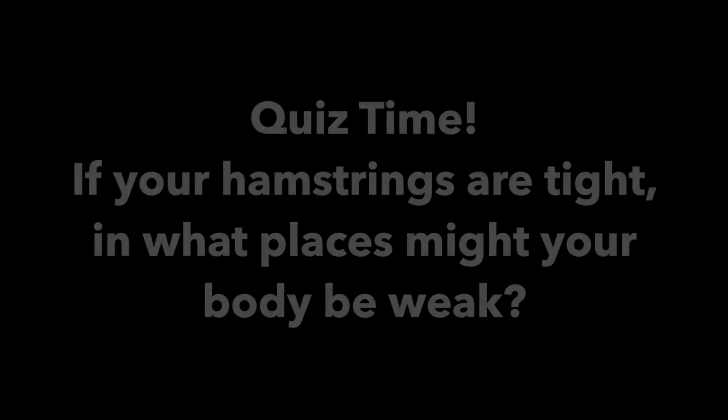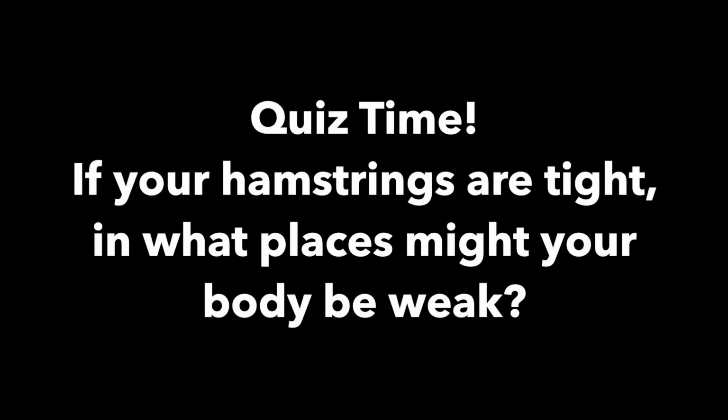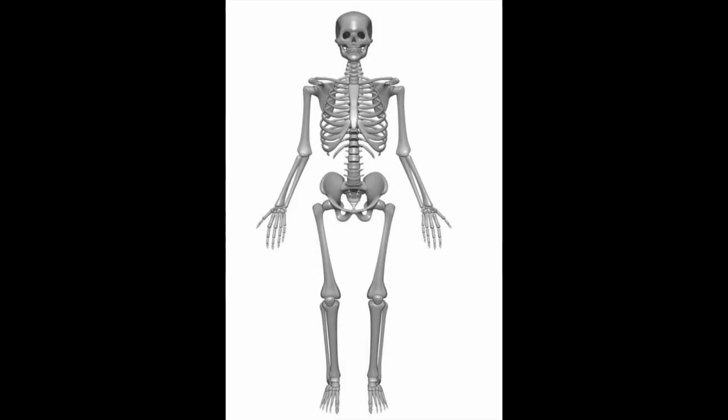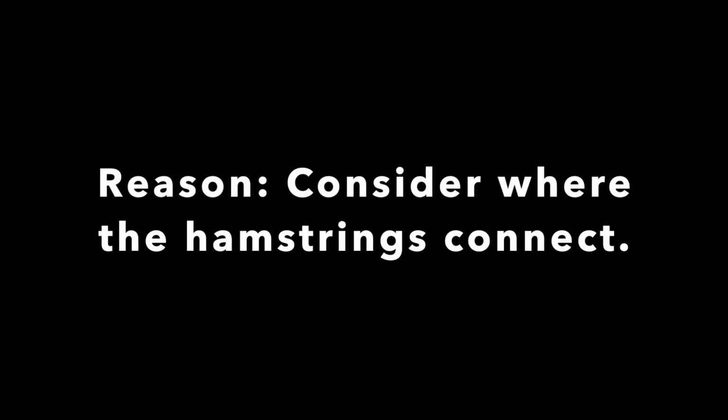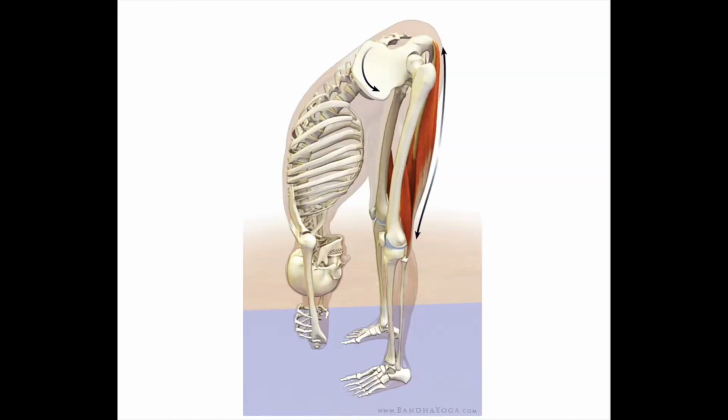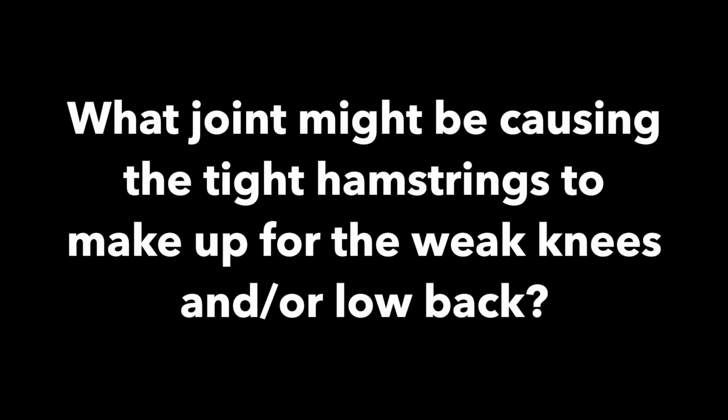When you lack mobility in a joint, typically that joint is trying to make up for weakness in some other place in your body. What other places might be a little bit weaker in the body? The knees and the low back. And what sits right in between the knees and the low back?